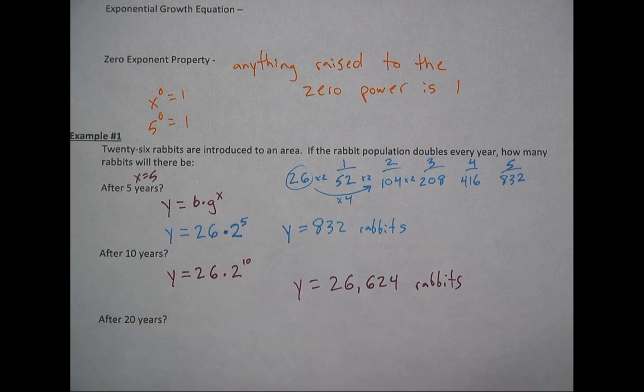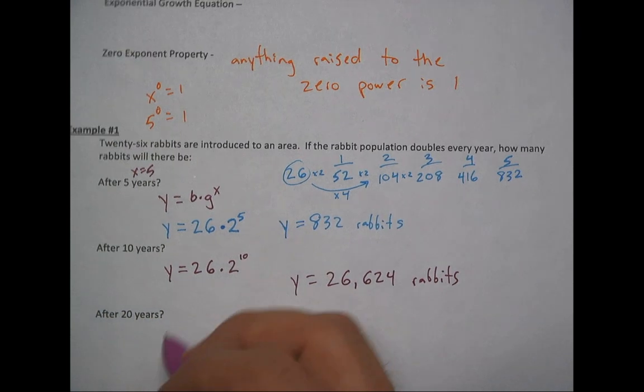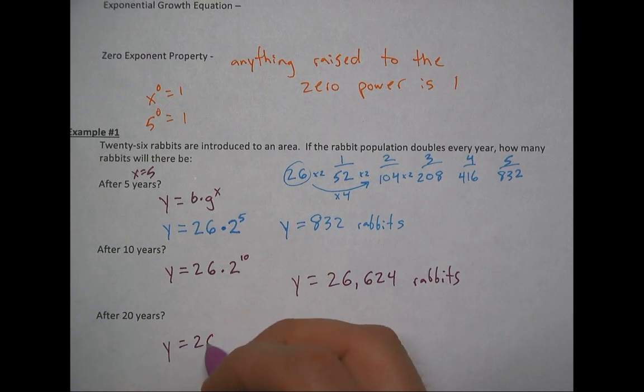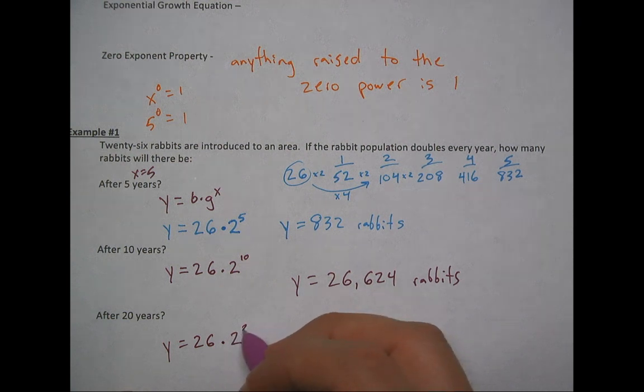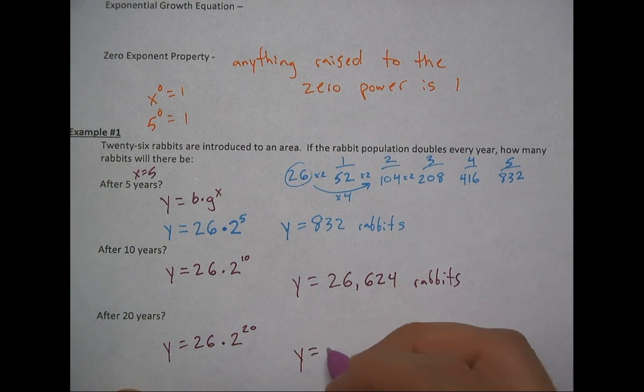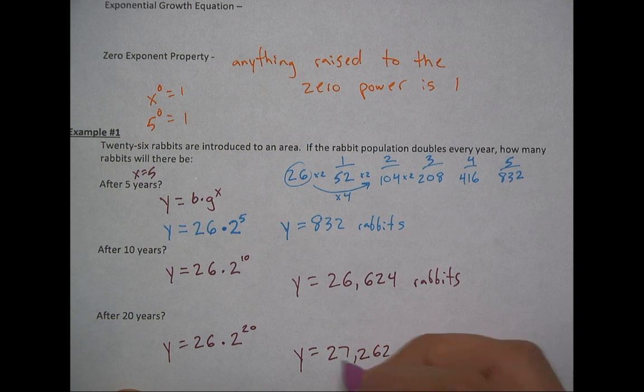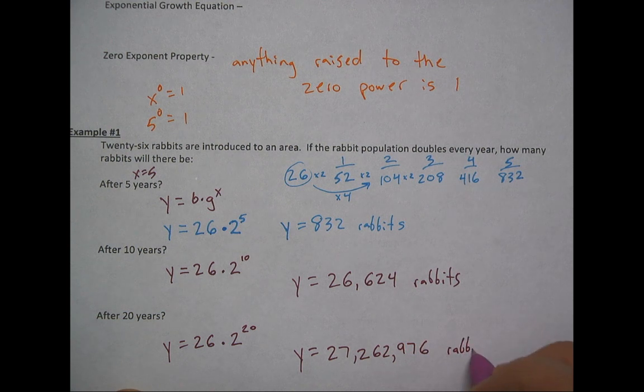Okay, much faster, obviously. And how about after 20 years? So same equation, starting with 26. Growth factor is 2 because they're doubling every single year. And after 20 years, 27,262,976 rabbits.